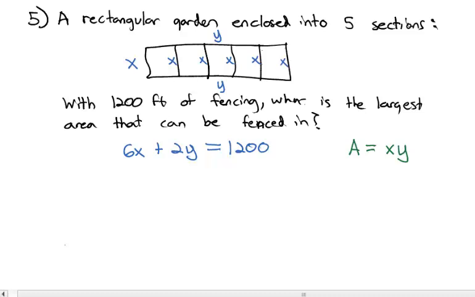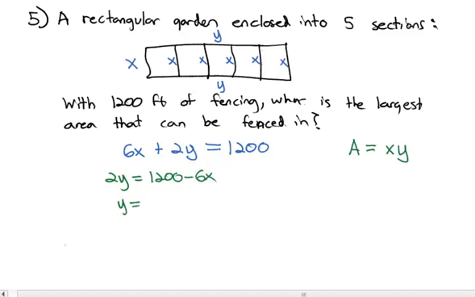So let's solve the left equation for one of our variables and stick it into the other equation and maximize. We can do this pretty quick. It's probably going to be easiest to solve for y because I like dividing by 2 better than I like dividing by 6. So if we subtract 6x, we get 2y equals 1,200 minus 6x.